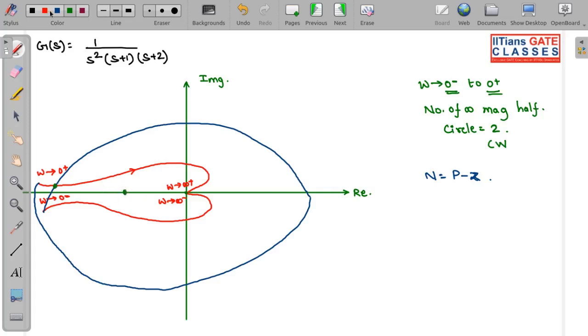So one of the circles will be this. I am using the black color. You can see this is one of the encirclements.